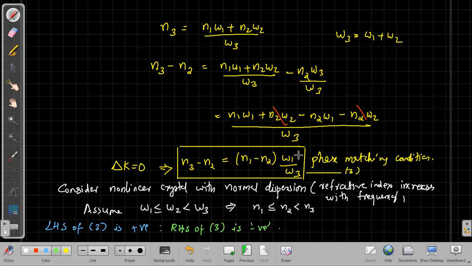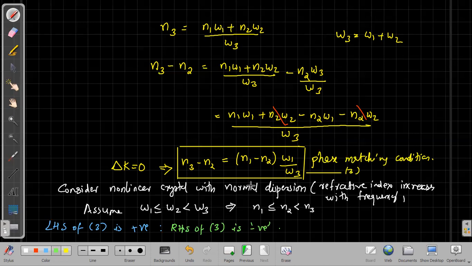So that means equation number 3 is not possible. It cannot be satisfied. One side is positive and the other side is negative. That is not possible. Okay, so we will not get any solution for the phase matching condition. That means the phase matching condition is not possible in case of a material with normal dispersion.